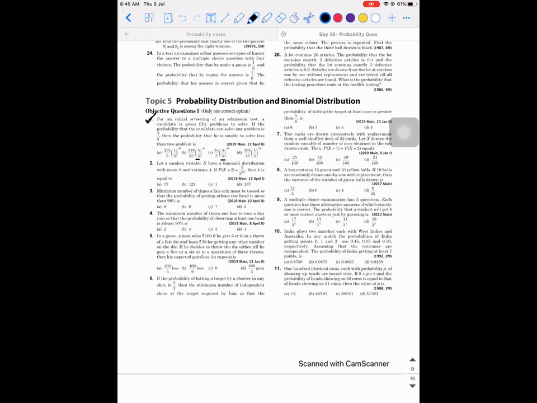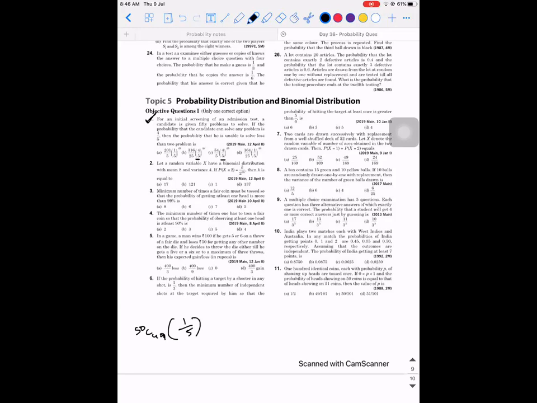So it's the same thing, sir. 50 C 49 into 1 by 5 into 4 by 5 whole power 49.